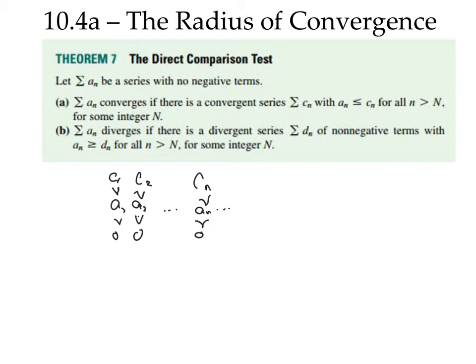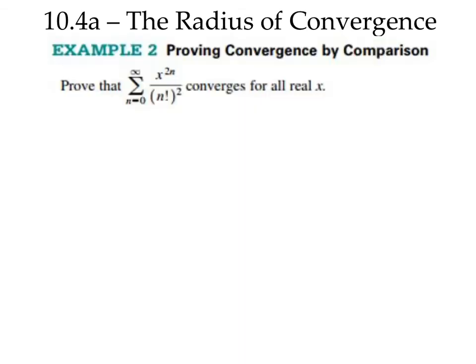So let's take a look at an example. My goal is to prove that this series converges by showing that it's trapped beneath another convergent series. So let's compare the terms term by term. First of all, for any x, x to the 2n over n factorial squared must be non-negative.